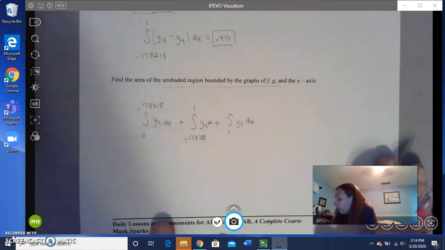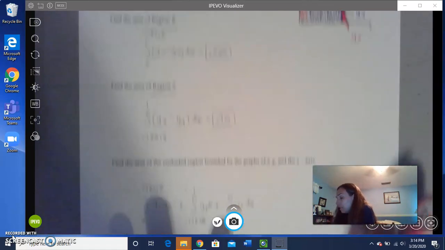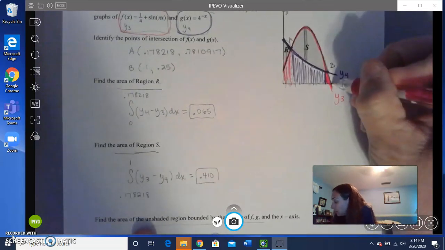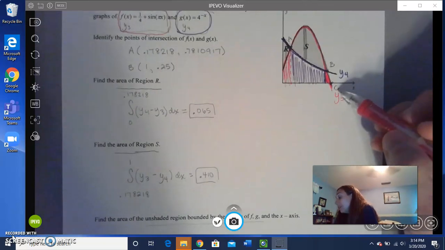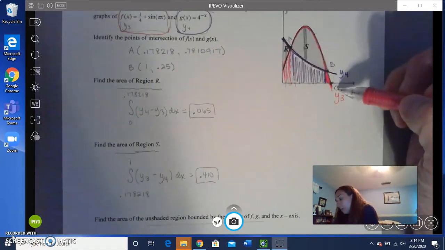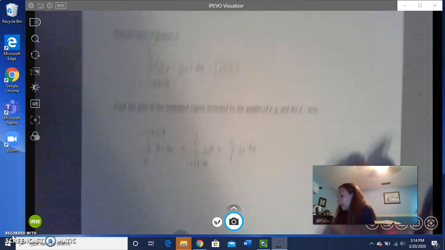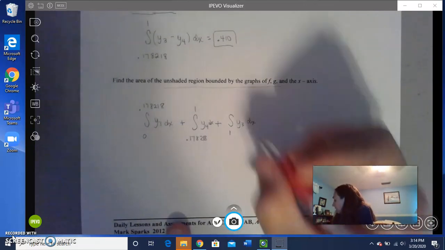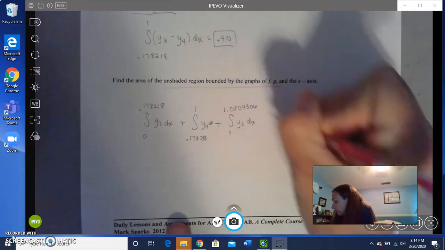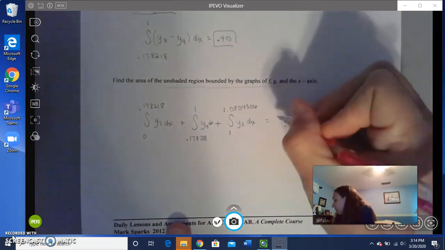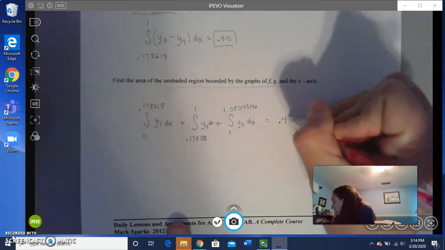I need to figure out where the pink curve is going to hit the x-axis, which we'll call point C, of where that should stop. Well, that's the 0 of the y3 curve. So find the 0, again, on your calculator, and that is 1.0804306. If I add all those integrals together on the calculator, my total area is 0.486.